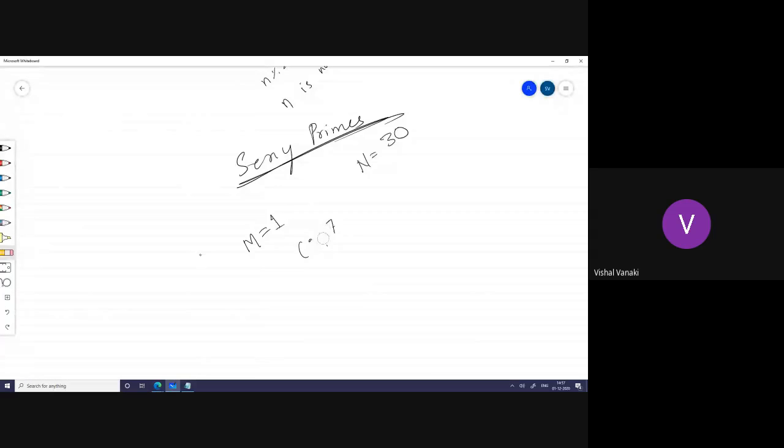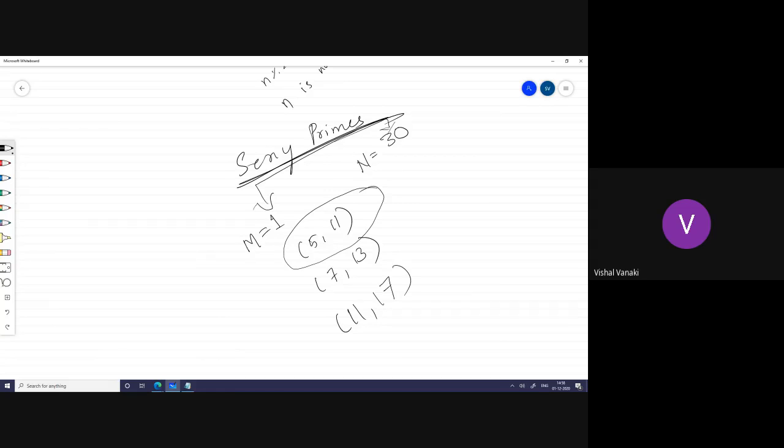So you can print 5 and 11, 7 and 13. You need to print all the pairs of prime numbers in the given range 1 to 30. So you can print 11 and 17 like this.